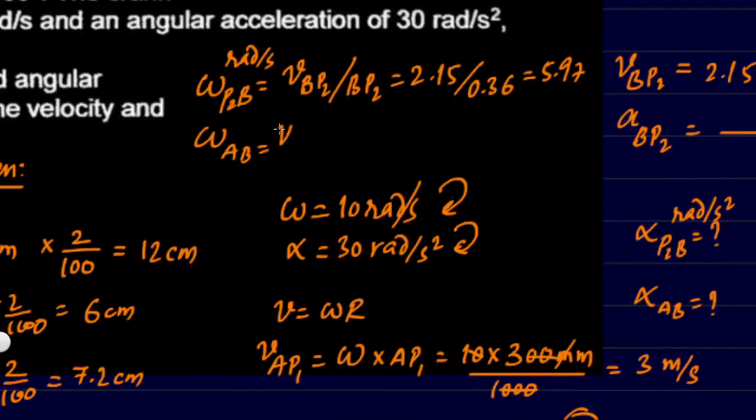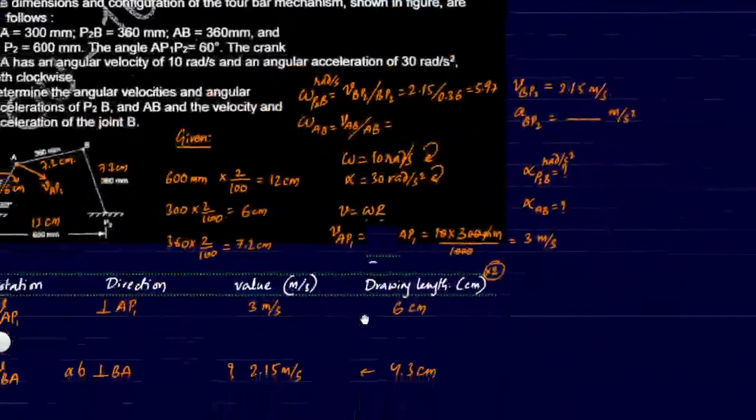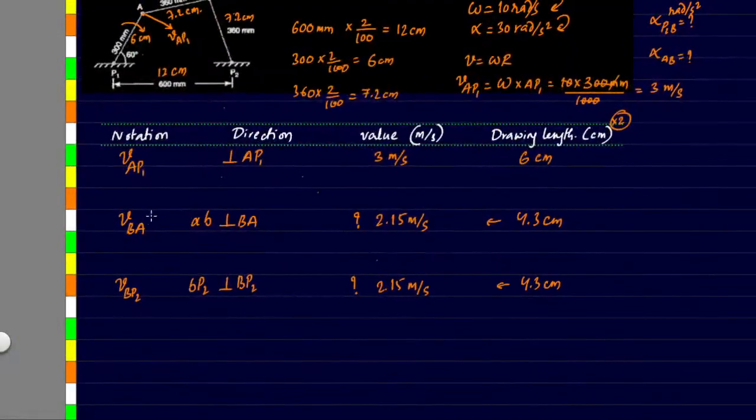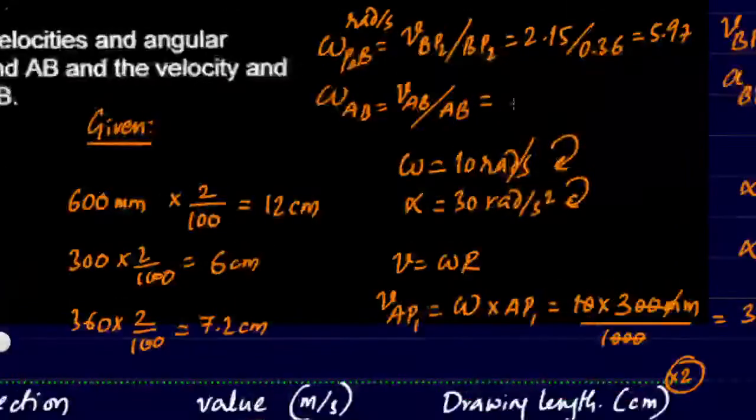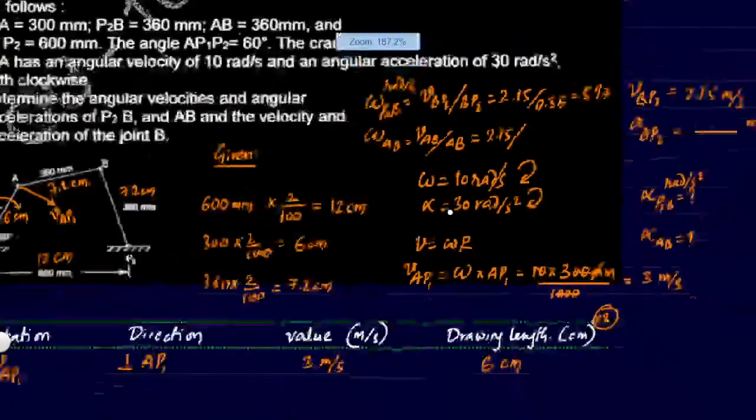Similarly, the angular velocity of A with respect to B will be the velocity of A with respect to B divided by the length AB. The velocity of A with respect to B, we have found it in the table. You can see the velocity of A with respect to B or B with respect to C, both will be equal to 2.15. So 2.15 divided by the length AB.